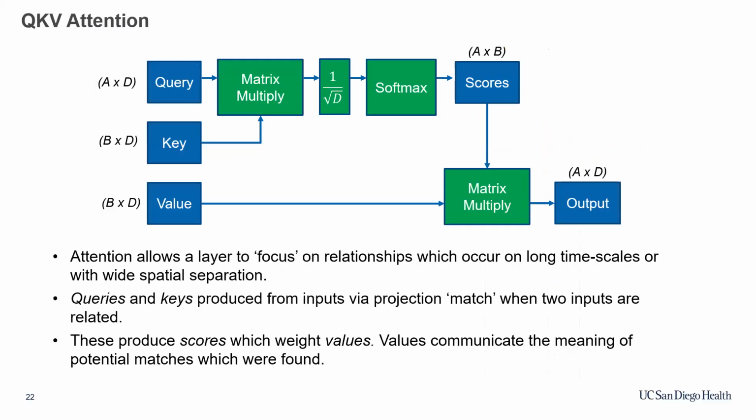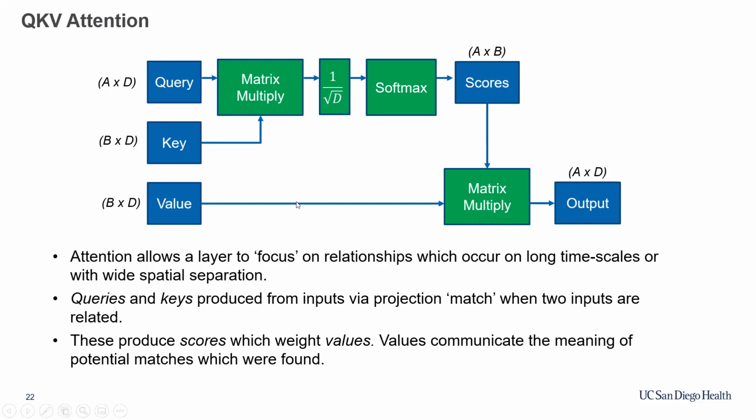So the heart of a transformer is this QKV attention mechanism. You have three inputs, which are matrices: the query, the key, and the value. Between the query and the key, it can focus on one another.